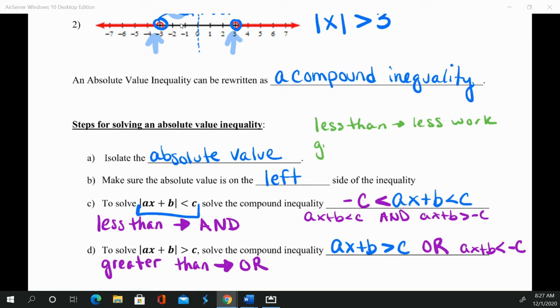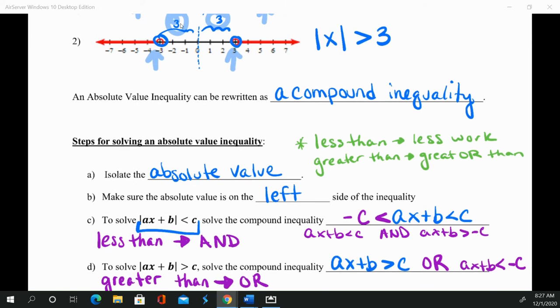And then greater than, if you pronounce it a little differently and you say greater than. I know that's a little silly, but I promise it will help. Okay, so less than is an and. And inequalities have a little less work going on. Greater than, greater than. So in greater than would be an or inequality.